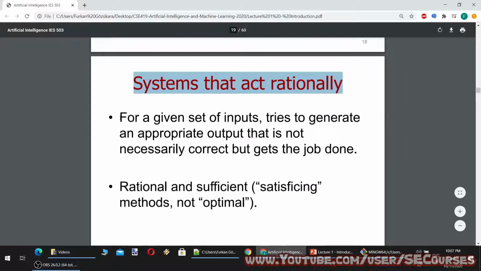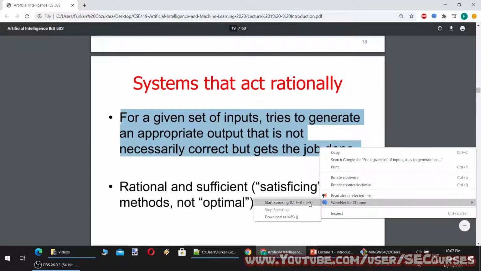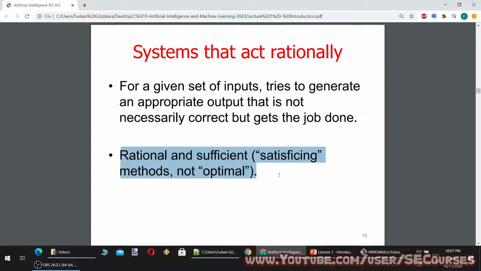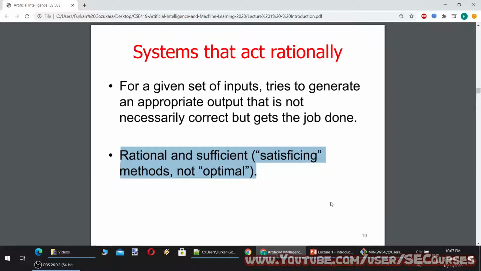Systems that act rationally. So these are the rational systems. For a given set of inputs, they try to generate an appropriate output that is not necessarily correct but gets the job done. Rational and satisficing methods, not optimal. So you probably heard "act rationally."